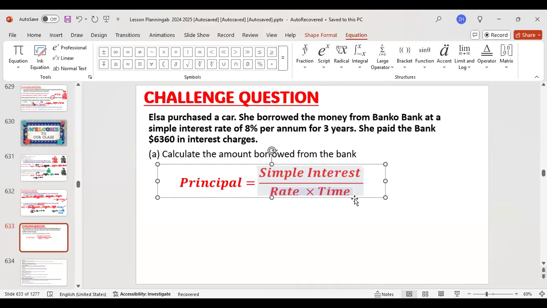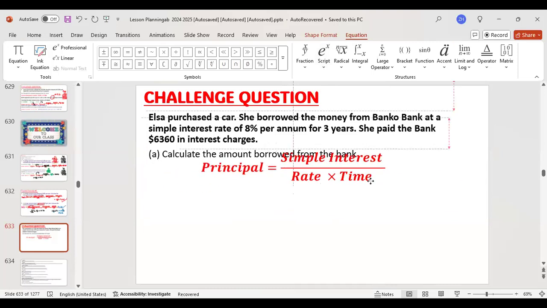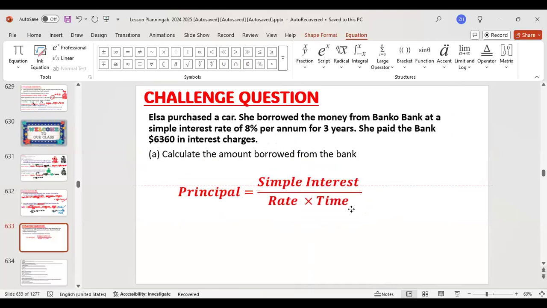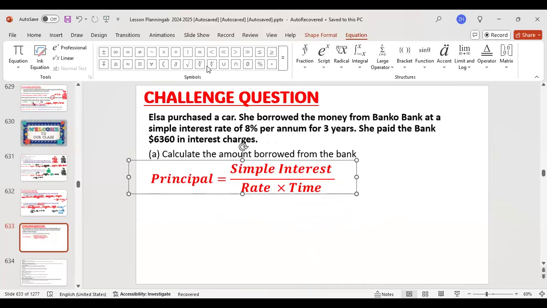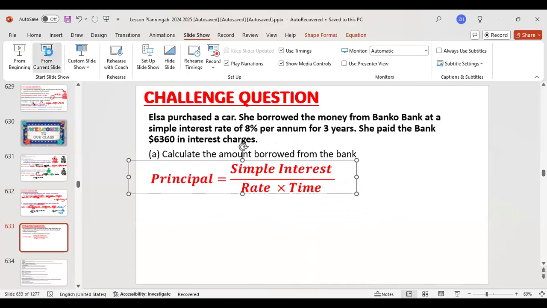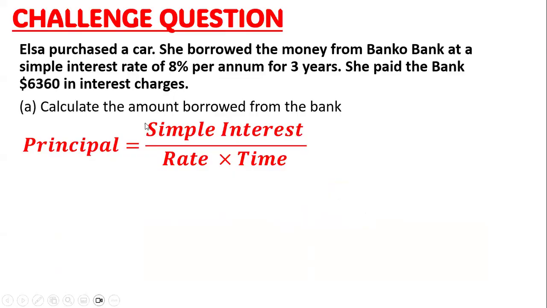This is the formula that we will be using to find the principal. Hopefully that's clear. So again, for the principal, we take the simple interest and divide it by the rate and the time.